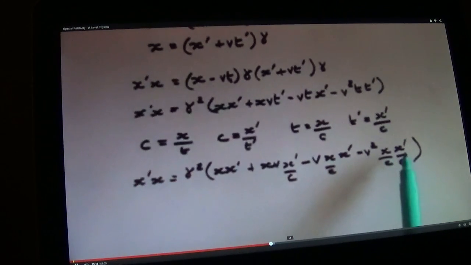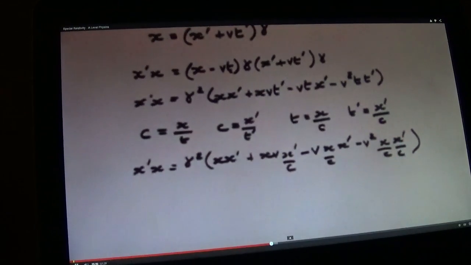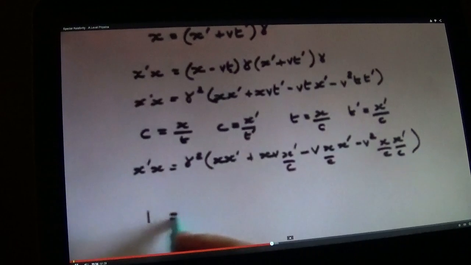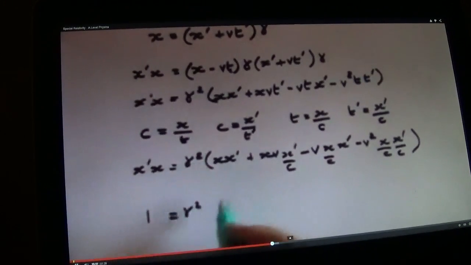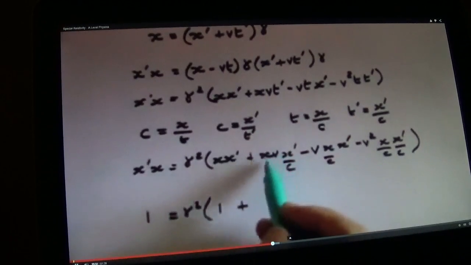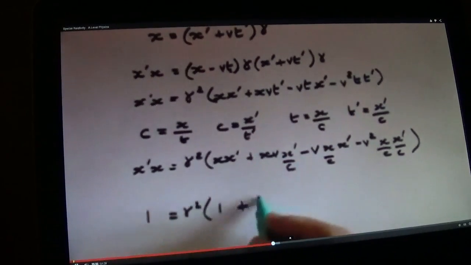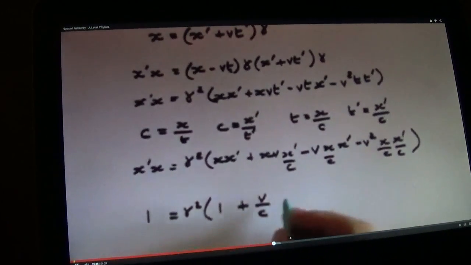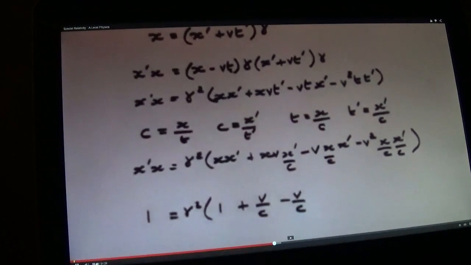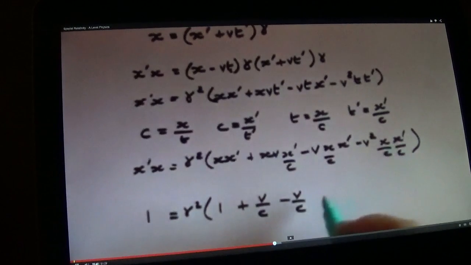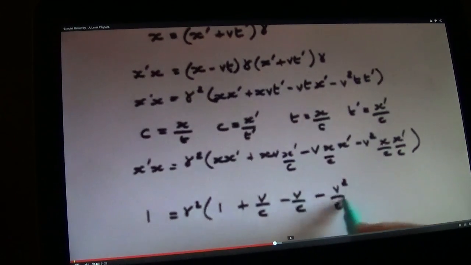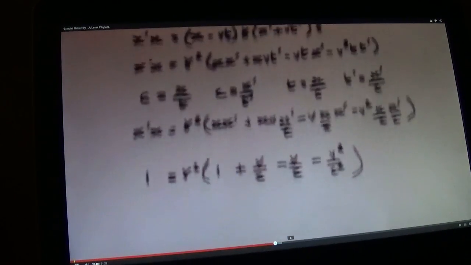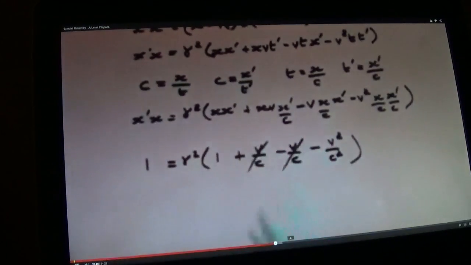So I can divide throughout by x prime. If I divide this by x prime, I get 1 equals gamma squared, because that remains the same, into this becomes 1 plus, if you divide that term by x prime, you get v over c. If you divide that term by x prime, you get minus v over c. And if you divide this term by x prime, you get minus v squared over c squared. And now you will see that these two terms cancel.